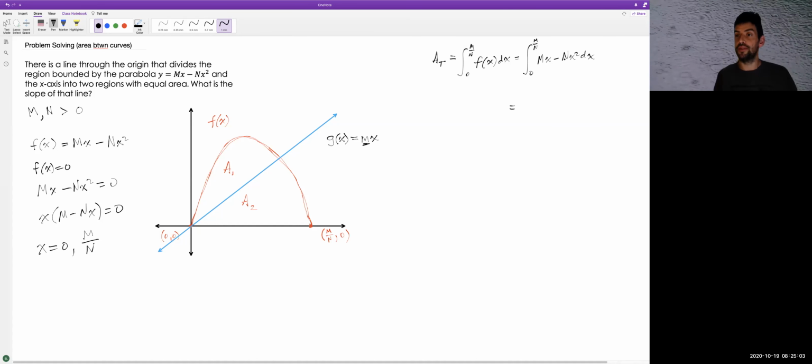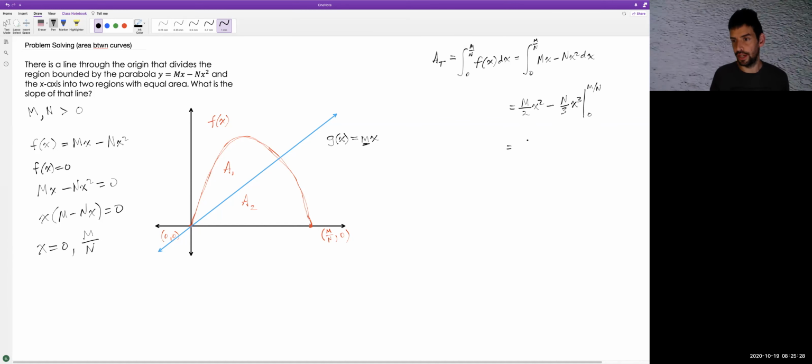So remember, m and n are just constants. So we can use our simple integral rules. The antiderivative of x is going to be x squared over 2. So we'll get m over 2 x squared minus n over 3 x cubed, evaluated from 0 to m over n.